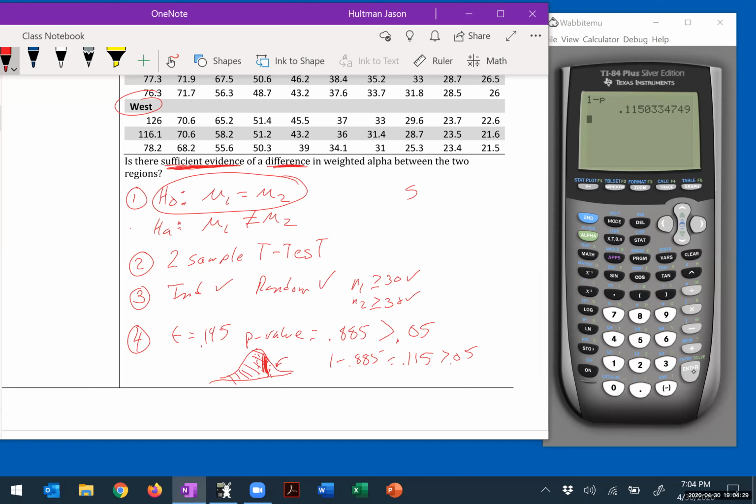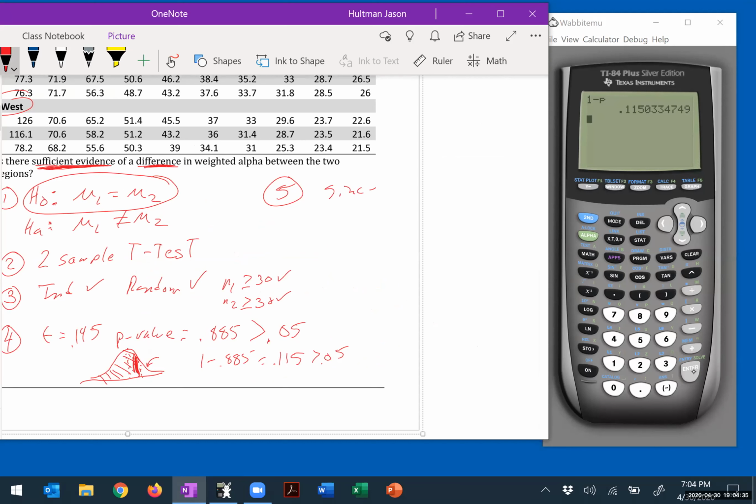Okay, so what's our conclusion? Our conclusion here is that since p is greater than 0.05, we fail to reject the null.